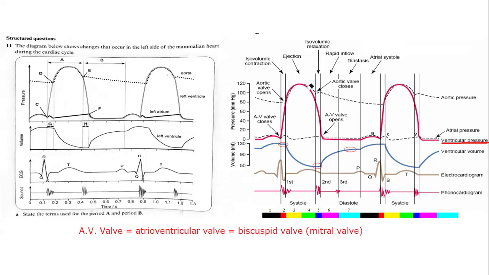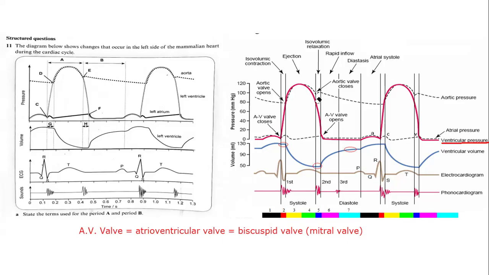When the ventricular pressure drops below the aortic pressure, what's going to happen to the aortic valve? It will close. The aortic valve closes. Very good.